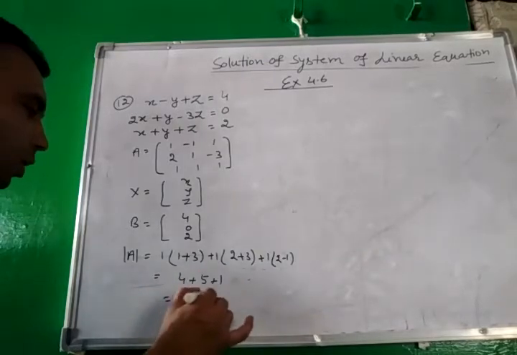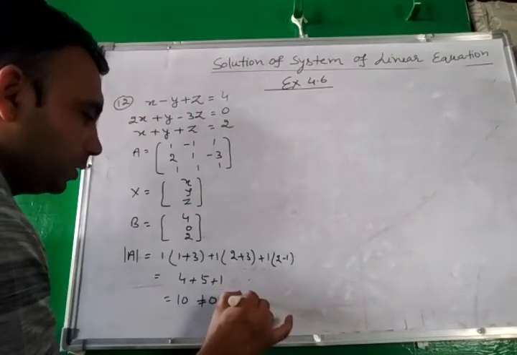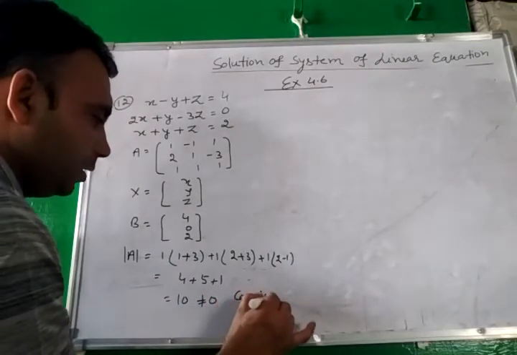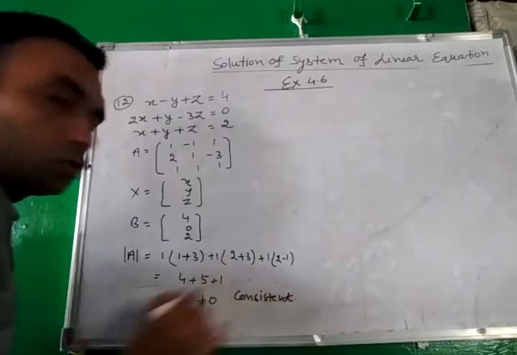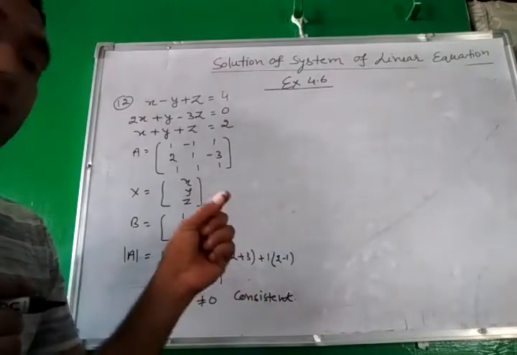And 10 is not equal to 0. So system is consistent and has a unique solution. So to find out the solution, first we will find A inverse.